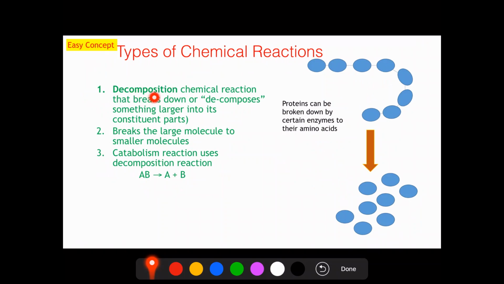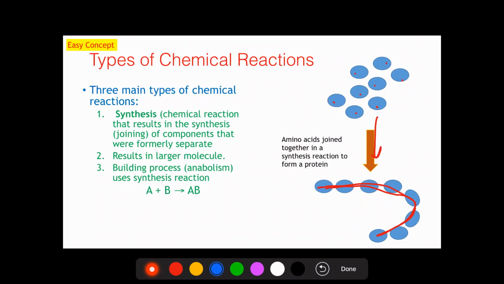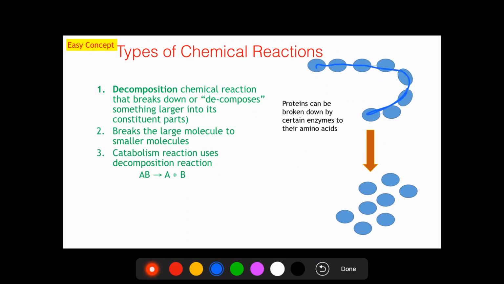The other one is decomposition. A decomposition chemical reaction is basically the opposite. We're starting with a large molecule, and we are breaking it down to its original components. In this chemical reaction, the reactants are larger than the products.